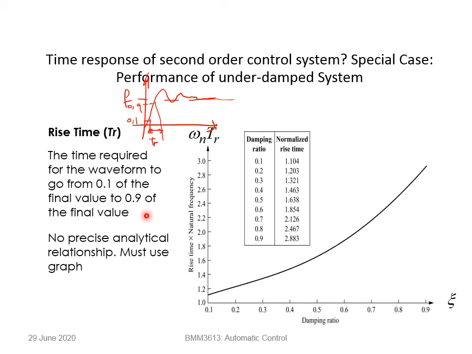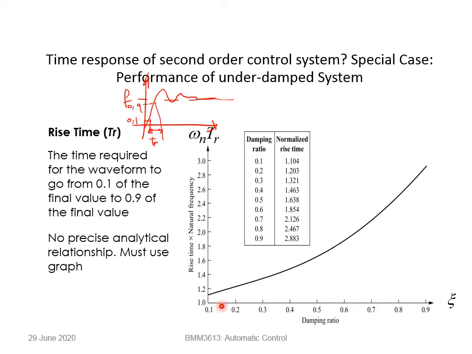The thing that's different from the first order system is that there is no precise analytical equation or formula to calculate the rise time. So how do we do this? In order to find it, we must use a graph. Usually we do a certain experiment and change the damping ratio of the system.